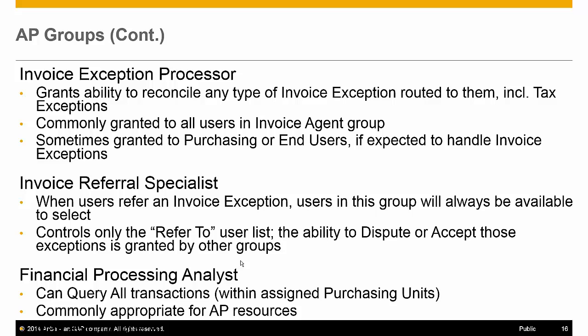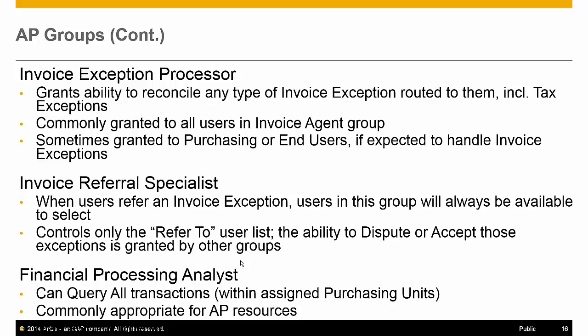Next up, we have the invoice exception processor group. If you belong to this group, you have the ability to reconcile invoice exceptions. So generally, people who have the invoice agent group that we talked about earlier, they also will be assigned to invoice exception processor.